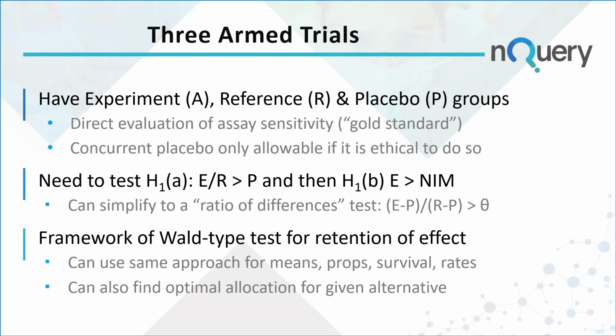And for that reason, this might be considered the gold standard type trial to avoid that assay sensitivity problem. But of course, that's only allowable if it's ethical to do so. Like if this standard treatment is obviously and clearly superior to the placebo, then it would be unethical to subject subjects to the placebo group, unless the condition wasn't considered very serious.